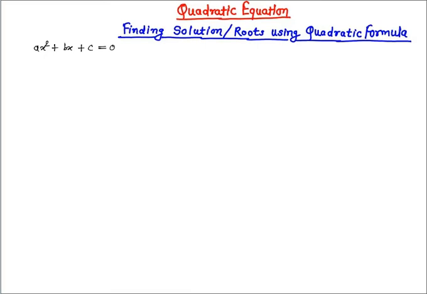So let's do it. ax square plus bx equals to minus of c. Next step is dividing the complete equation by the coefficient of x square. Let's do it. Dividing the equation by a, we get x square plus b by a x equals to minus c by a.